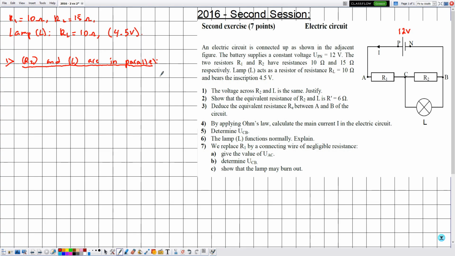Always in physics we need to mention the law that we are using, and here the law is given by according to law of uniqueness of voltages. They have the same voltage.